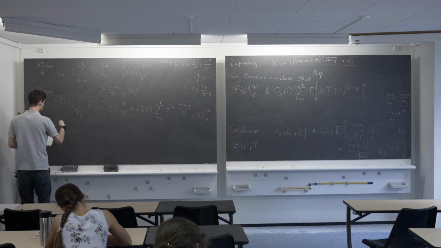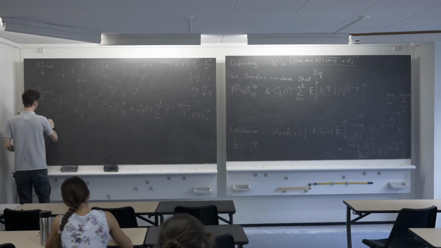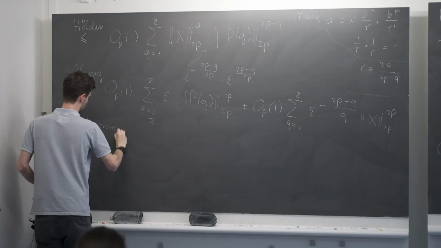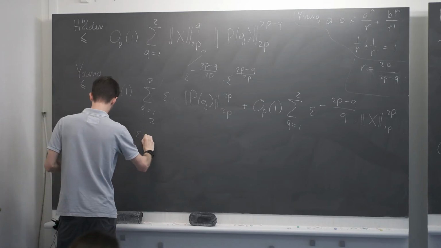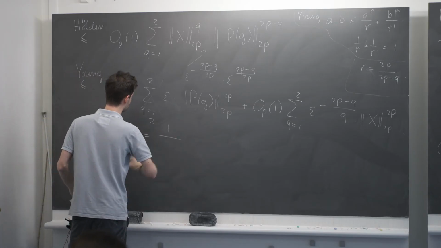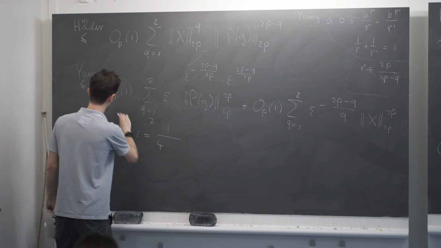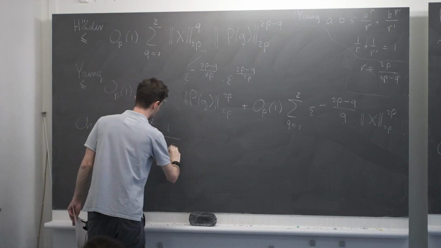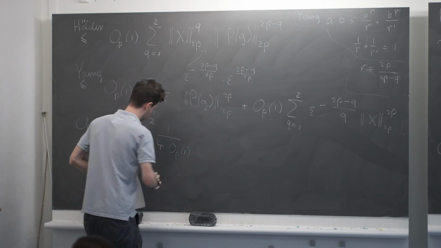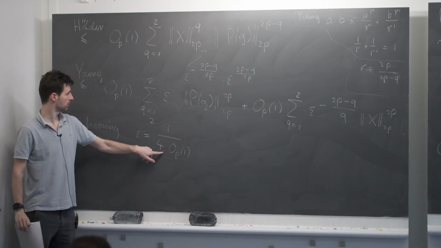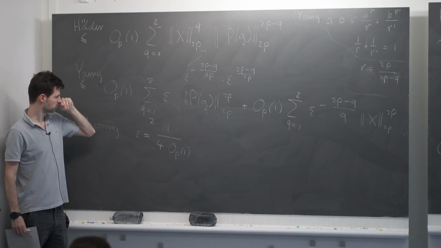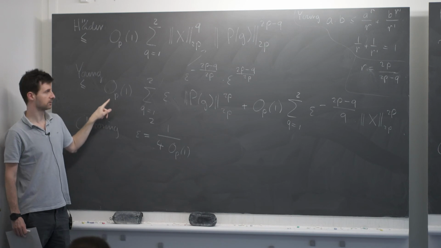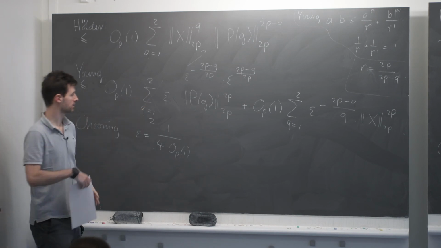Then I can bring this to the other side. So if I choose my epsilon to be equal to 1 over 4, big OP of 1, keeping the same terminology, this is going to cancel this 2, and still a factor 1/2 is going to remain. I can bring it to the other side.